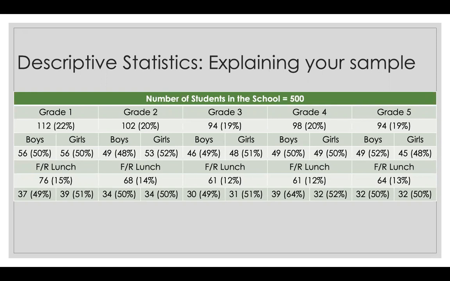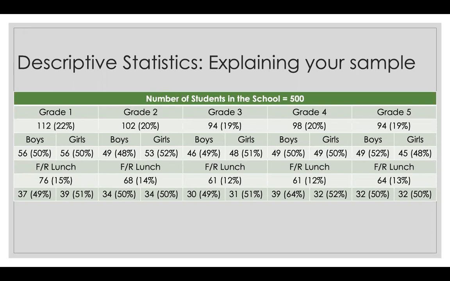So first we can see that the N, or the number of students in each grade, varies from grade 1 to grade 5. And we can see that first grade has the largest proportion of students out of the school. Again, there's 112 students, and that is 22% of the entire school, which is 500 students. We see that in that very top row in the darker green.